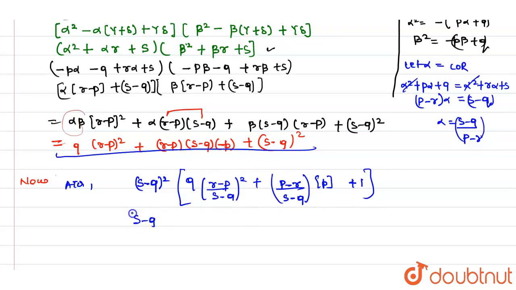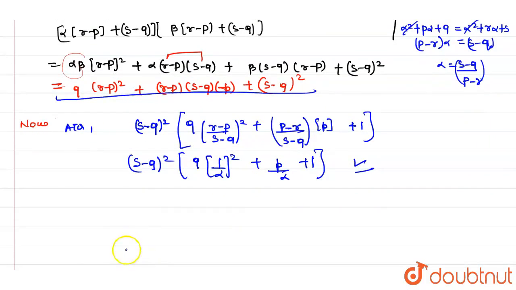So s minus q whole square, this is nothing but 1 minus alpha, that means q times (1 minus alpha) square, plus this is 1 minus alpha, that means p by alpha plus 1. And this is the final equation, final answer of the equation.